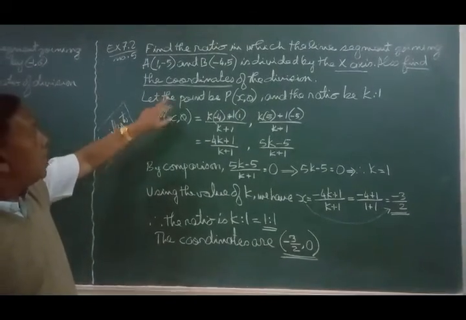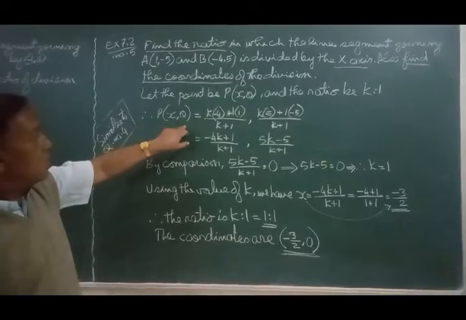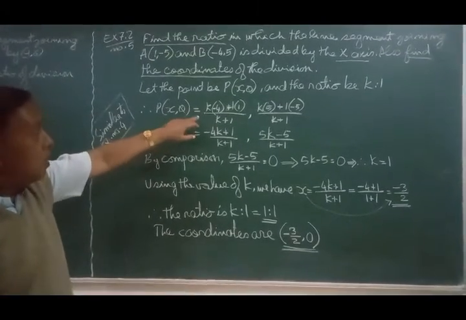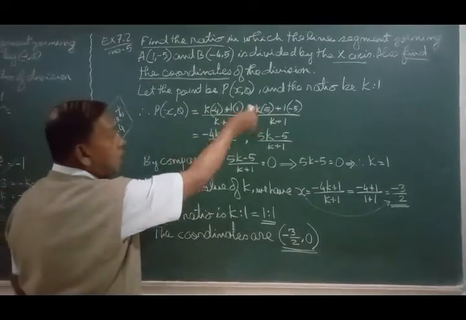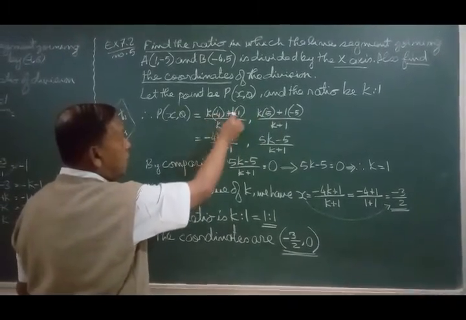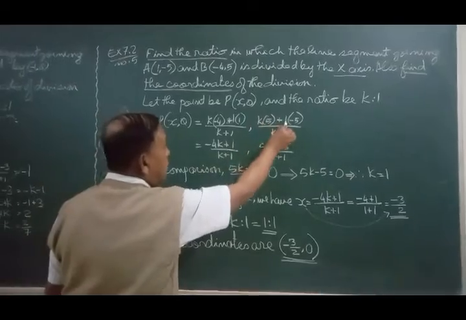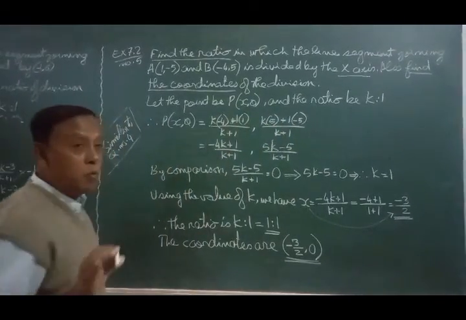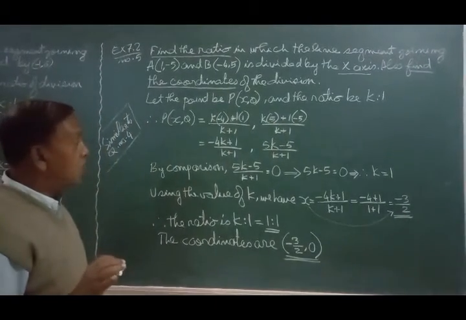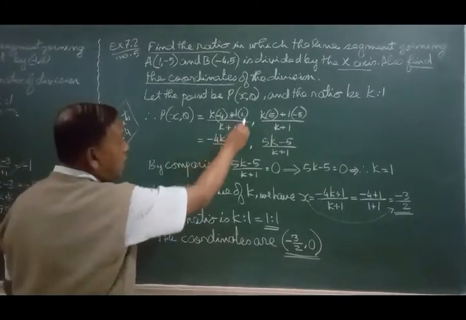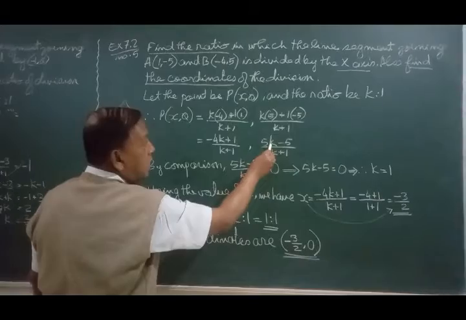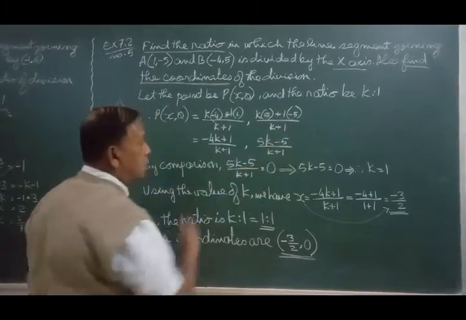Therefore, we are given this point is equal to these two. K into, like M1, M2. So follow the section formula. And therefore minus 4k, 1, 5k, minus 5.